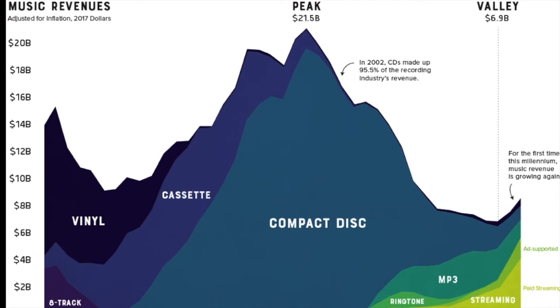So you can see cassettes really made tons of money, way more money than MP3s are making or than streaming services are making, way more than vinyls or 8-tracks for sure ever made. CDs and cassettes both made tons of money. The bottom line about this graph to me is that it's becoming much more difficult to make money in the music industry, of course.